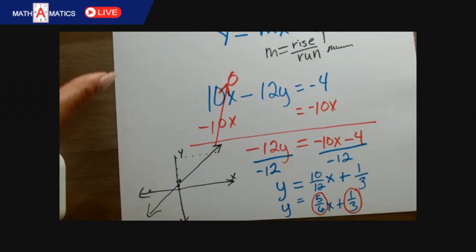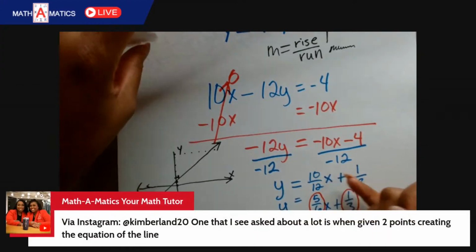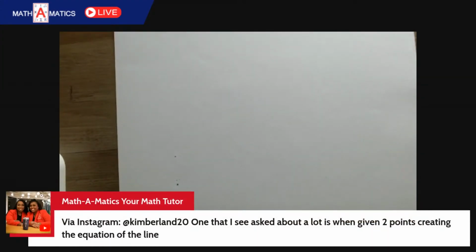Okay. All right, I'm going to do another one for us. And one that I see asked about a lot is when given 2 points, creating the equation. Okay, yes, we can absolutely do that when we're given 2 points. So that is actually called point slope.